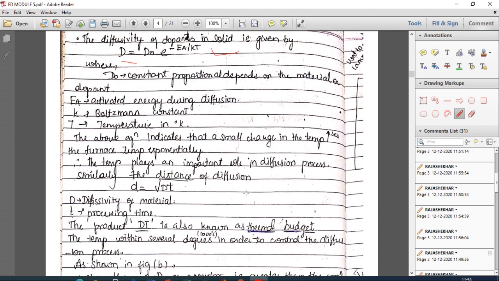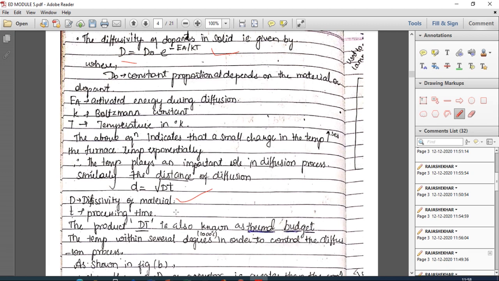Similarly, the diffusion depends on two equations. One is D equals D naught into e raised to minus Ea by kT, and the other is the distance of diffusion, given by small d equals square root of D into t, where D is again the diffusivity of the material and t is the processing time, that is, how much time is taken to diffuse a particular dopant into the p-type or n-type material.